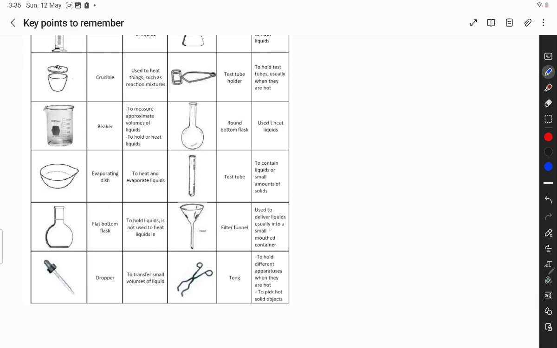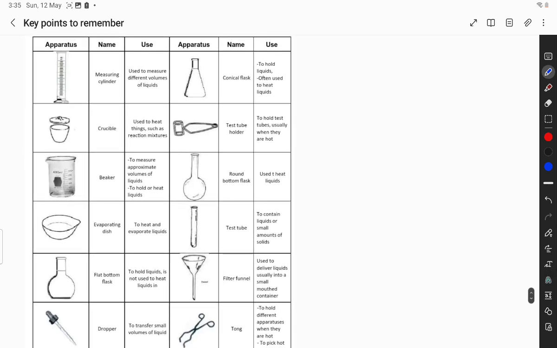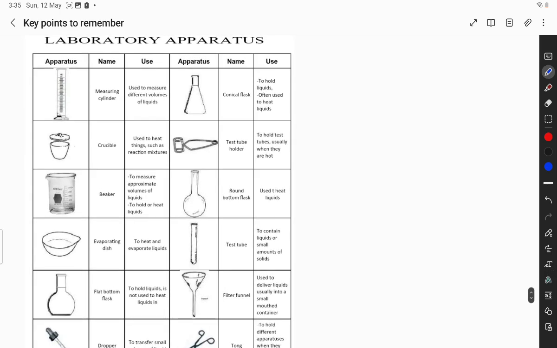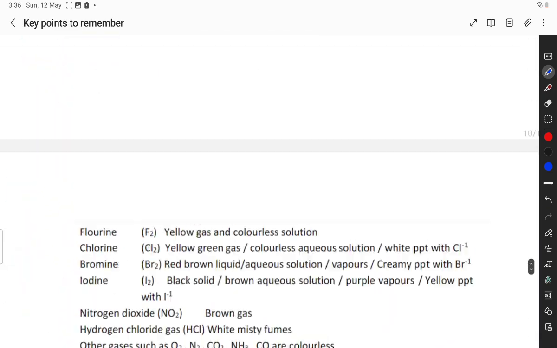This is a filter funnel, used to deliver liquids usually into a small mouthed container. These are tongs, to hold different apparatus when they are hot and to pick up hot solid objects. So these are the different apparatus used in the lab, and you should know their names.